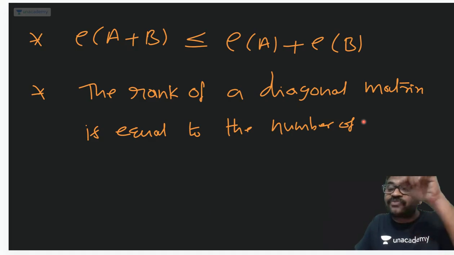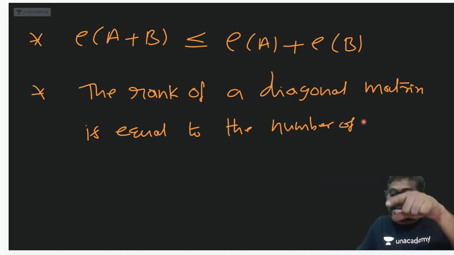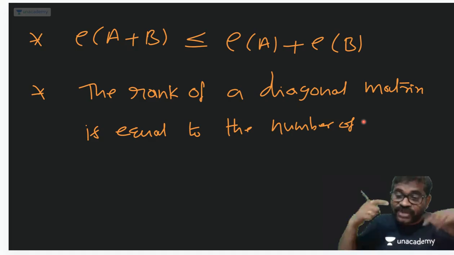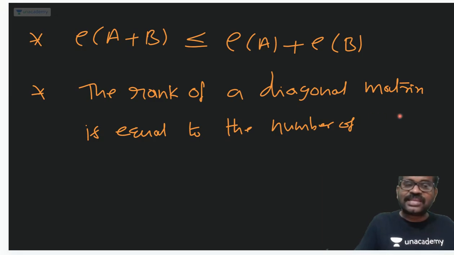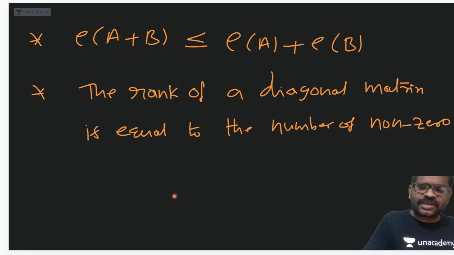All off diagonal entries of a square matrix are zero. That is known as diagonal matrix. If off diagonal entries are zero, diagonal entries decide the rank. In the diagonal entries, how many non-zero diagonal entries? That number is rank of the matrix. So the rank of diagonal matrix is equal to number of non-zero diagonal entries.